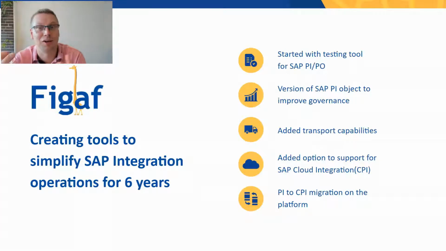Then we found out we could transport these capabilities also, and then CPI came and we found that was also possible. And then a year ago we also said, well, CPI, or PI to CPI cloud integration, is the way you would be going. I will, in this webinar, be using probably mostly CPI, but we obviously mean cloud integration, the capability of the integration suite.